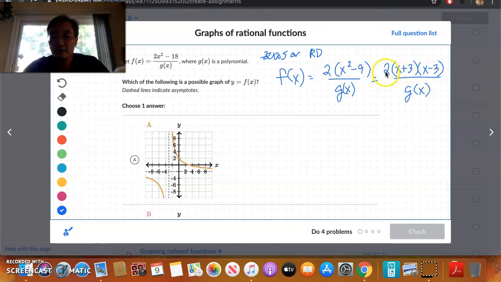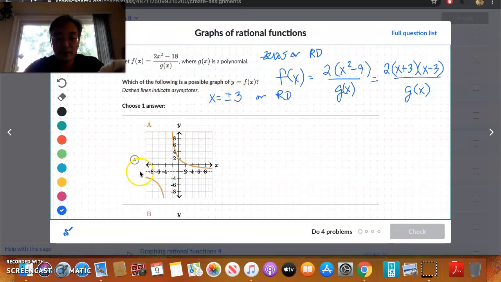Well, 2 can never be 0. For x plus 3 and x minus 3, x could be negative 3 or positive 3, and that would make the numerator go to 0. So our possible zeros are x equals plus or minus 3. These could be zeros or removable discontinuities, depending on what g of x is.